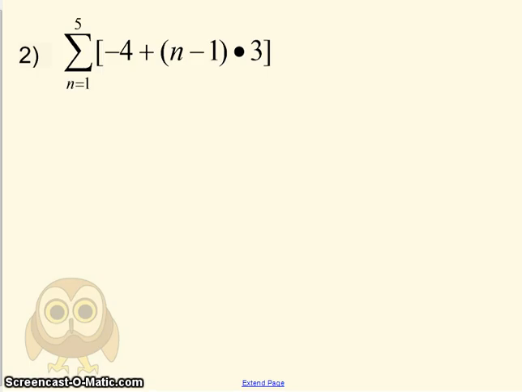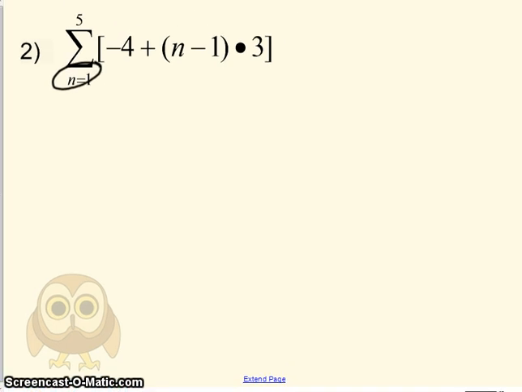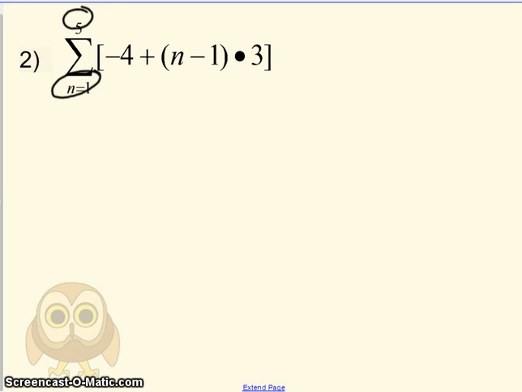Next problem. Here we have another one, and now we are being asked to add 5 terms. We're adding terms numbered 1 through 5. Again, I recognize that explicit form next to the capital sigma as being arithmetic.